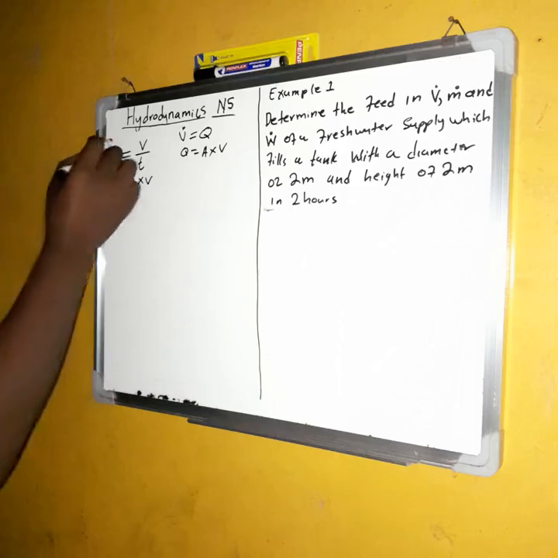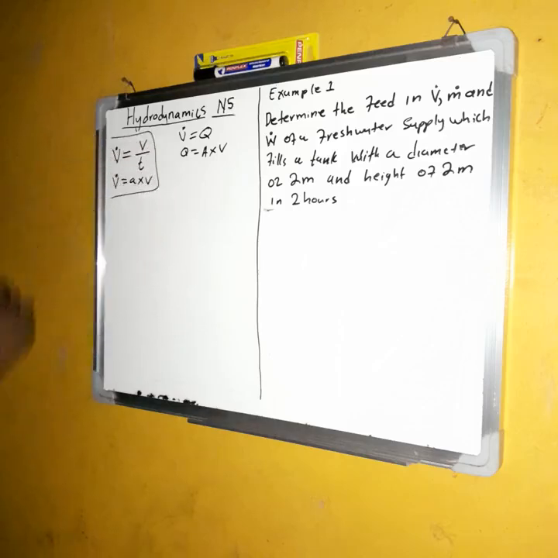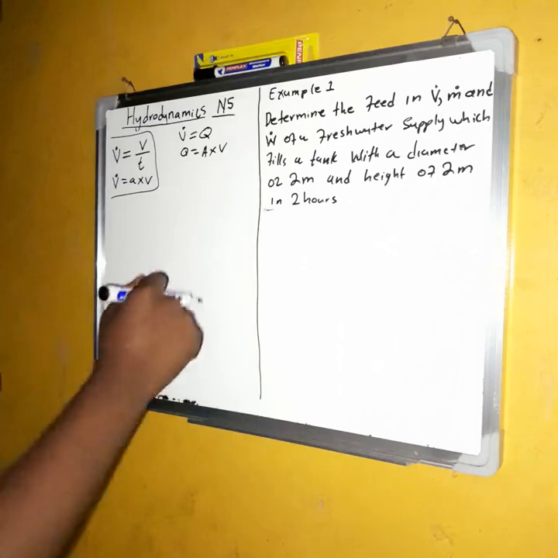So these are two equations for the volume flow, or the rate of flow. It's V with a dot on the top.